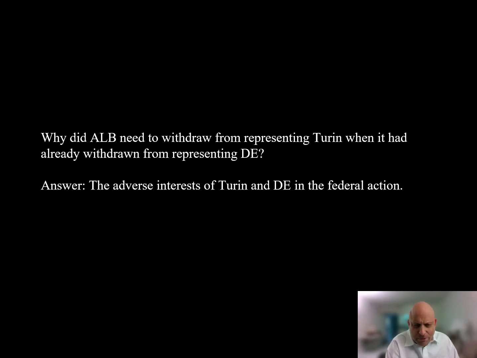The court acknowledged that and basically said, well, it's pretty much the same thing, and the court went into it in some degree. I'm not going to go into it as much as the court did, but basically the court said it's equivalent to a cross claim in the same action because Turin was essentially blaming DE for its troubles in the federal action. It's essentially like a cross claim, and so the court treated it as if it were in the same action.